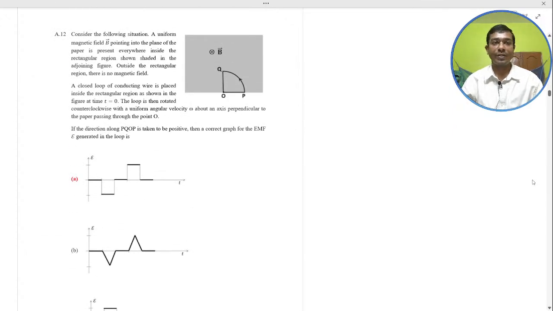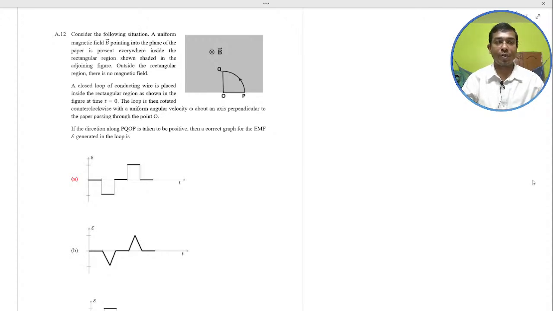Next, very interesting. Consider the following situation. A uniform magnetic field B pointing into the plane of the paper is present everywhere inside the rectangular region shown shaded in the adjoining figure. Outside the rectangular region, there is no magnetic field.